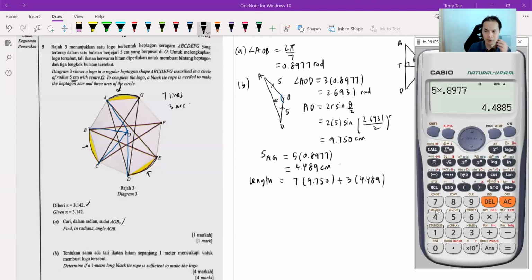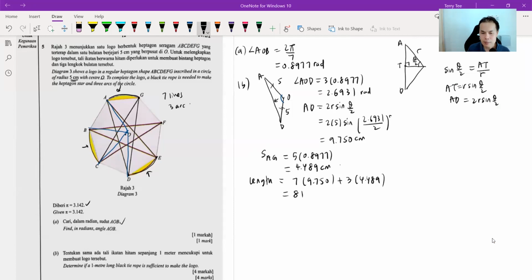So let's count. 7 times 9.75, and then 3 times 4.489. There you go, 81.72. I think if you use 81.72, okay, let's see if I use smaller decimal points. Sometimes it might affect the answer.